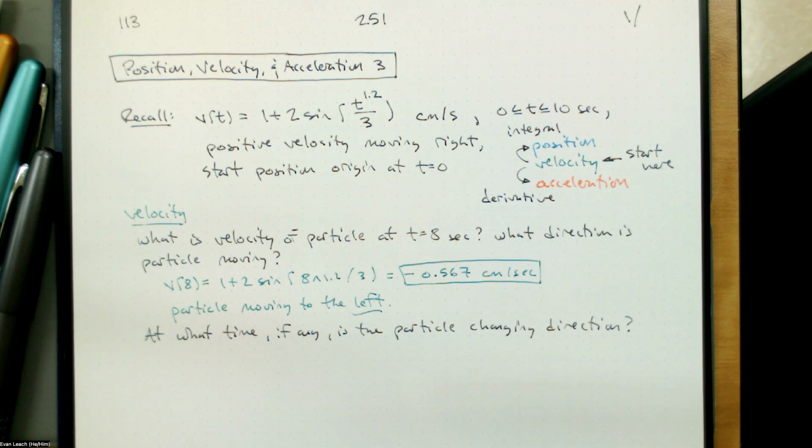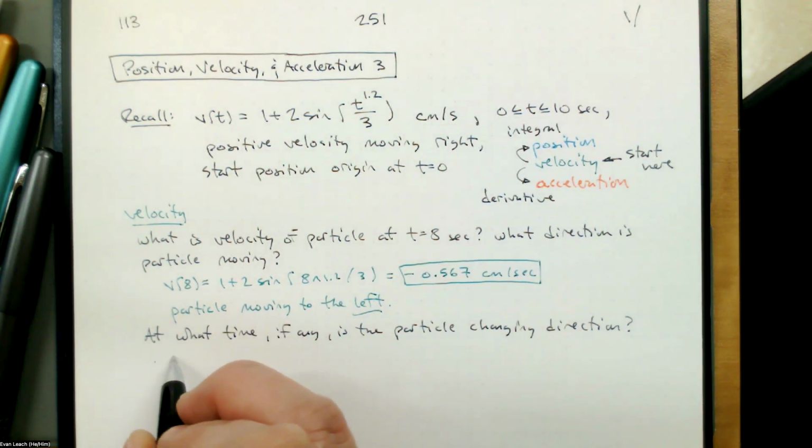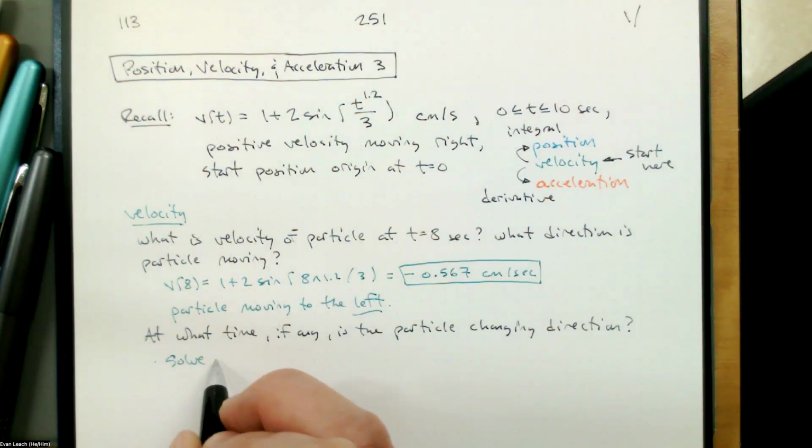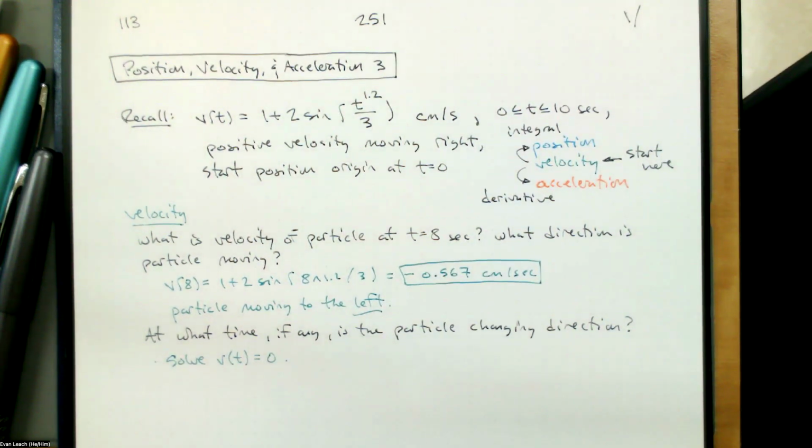This is where we're looking for where V of t is equal to 0. In this case, it would be best to use a graph.